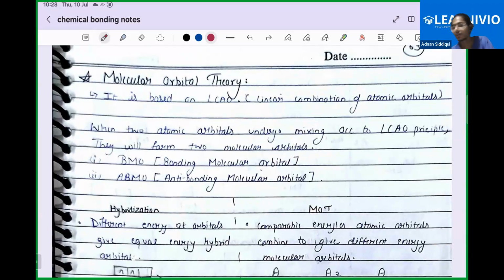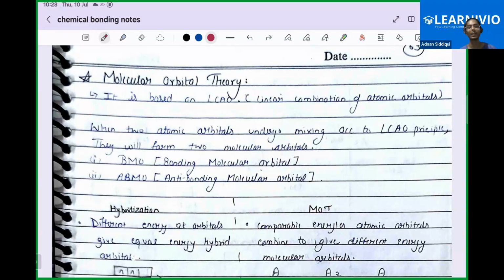In valence bond theory, we understood that whenever two atoms are approaching each other, there will be several new interactive forces that will develop, and if the attractive forces are dominating over repulsive forces, then the bond will be formed. Otherwise, it will not form. So after that theory, we have another theory which is molecular orbital theory.